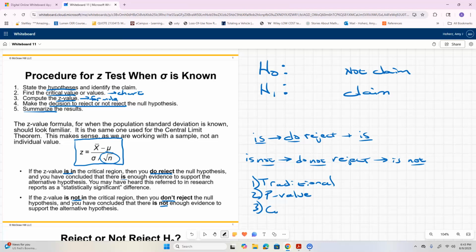And then you can also do hypothesis testing using confidence intervals. So these are 3 different methods, but we're not going to do the p-value or the confidence interval method. We're going to just stick with one, hopefully so that you really understand the concepts of what we're doing, stick with the same method, and get comfortable with that.